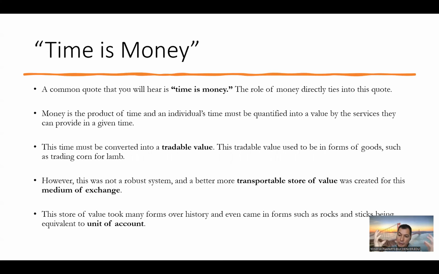So tradable value, if the game's worth $100 of your wealth and the work $90, then you're going to play games. So in order for your time to have a value, you have to estimate the opportunity cost of your time. And here we explain what that is: unit of account, medium of exchange, and transportable store of value.